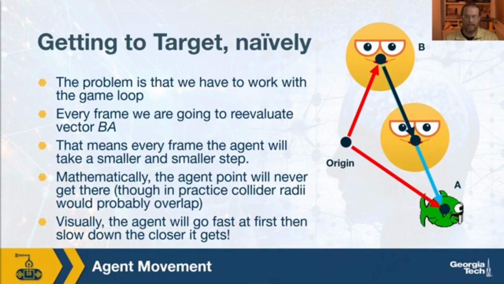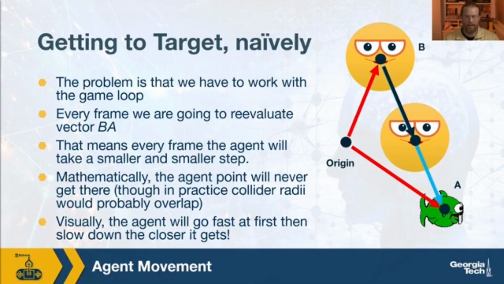That means the next time you take half of BA, it's going to be a quarter of what you started with originally. And so you're going to keep taking halves of halves of halves, and your agent will be going more and more slowly towards the fish. Mathematically, you actually would never get there. Your agent would just keep going slower and slower, never quite getting there.